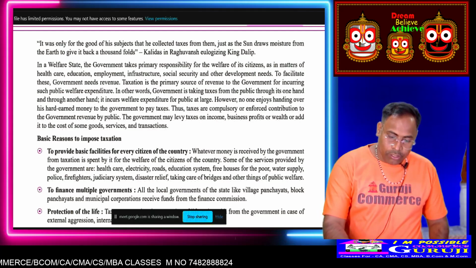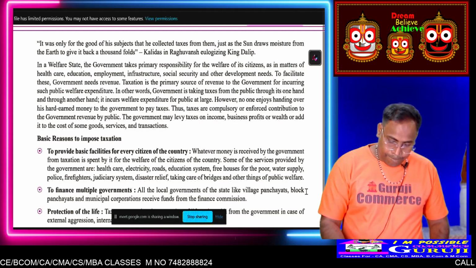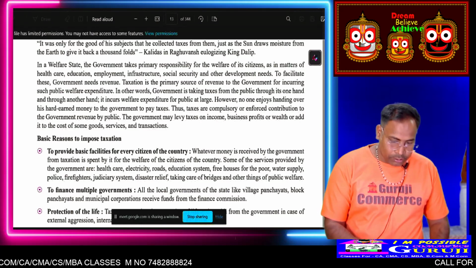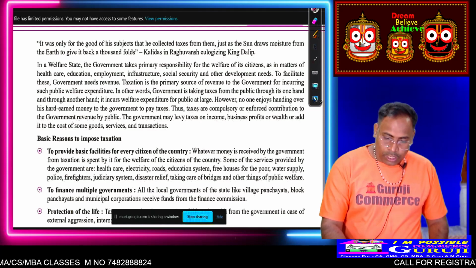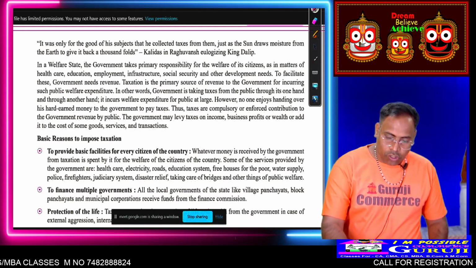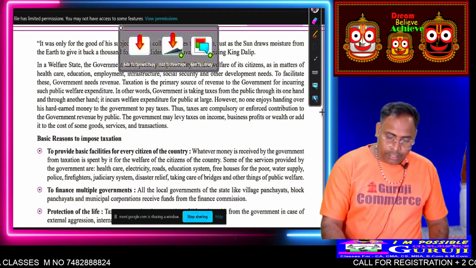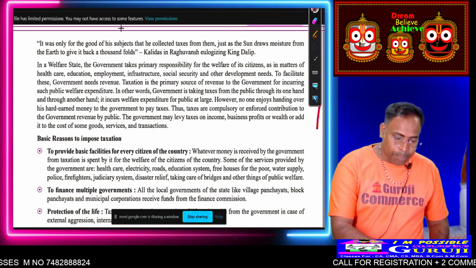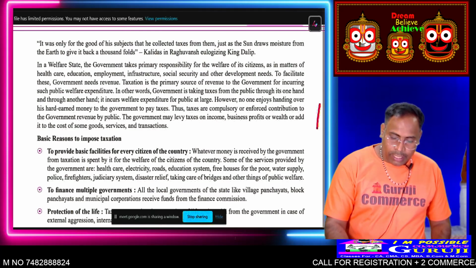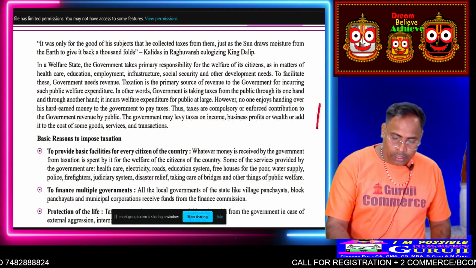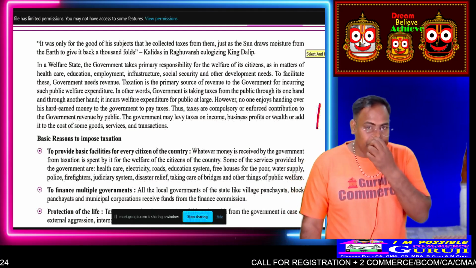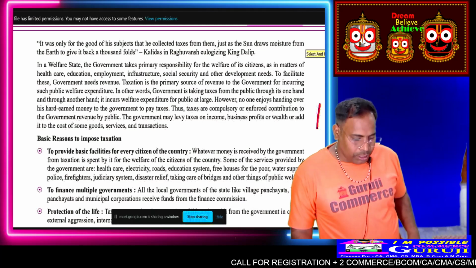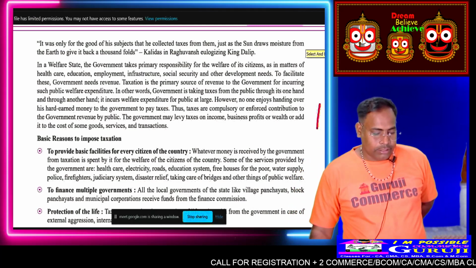Whether anybody is interested or not interested, it does not matter. If tax is applicable, they have to pay it. If tax is applicable, then any person has to pay the tax. Am I right?